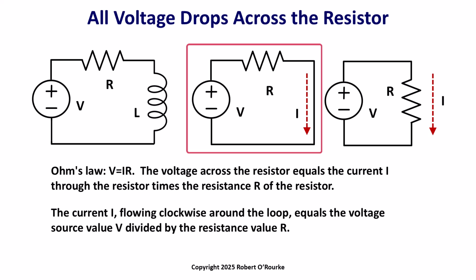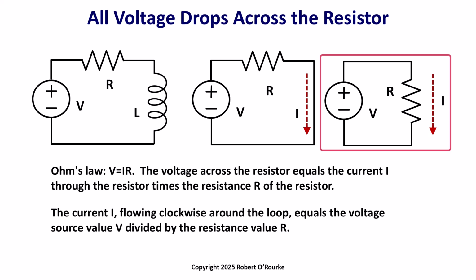The circuit in the middle and the circuit on the right are equivalent circuits to the series RL circuit on the left. We see in the drawings on the right, all the voltage from the voltage source drops across the resistor, setting up a current in the loop of V over R equals I, Ohm's law.